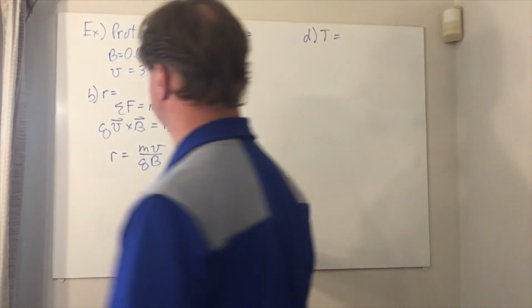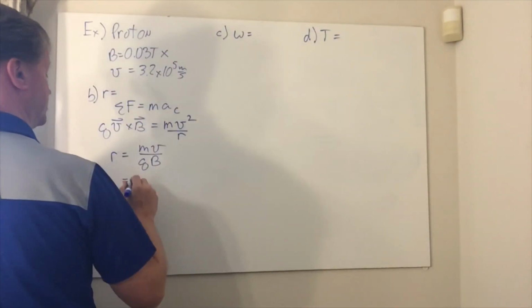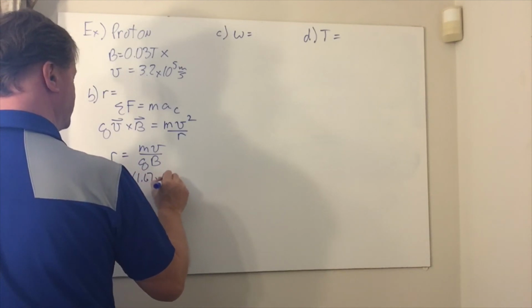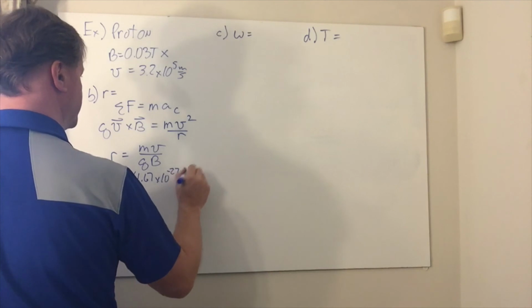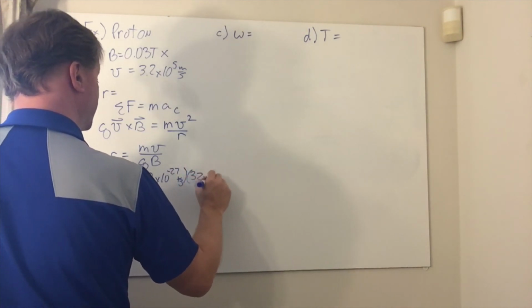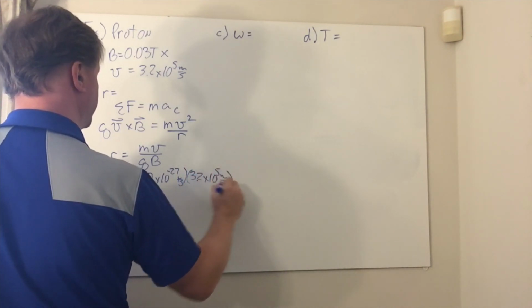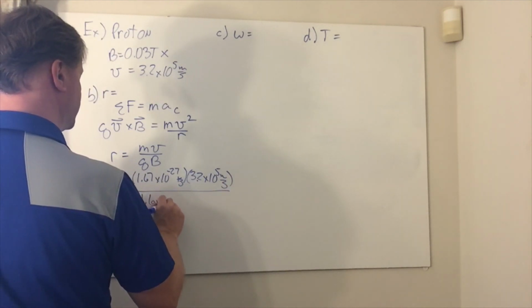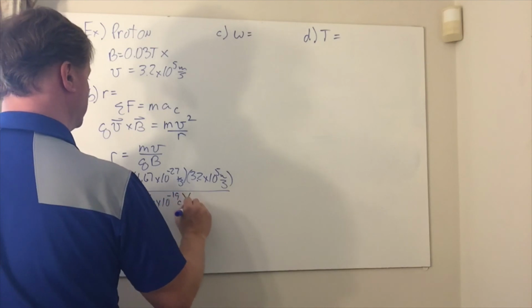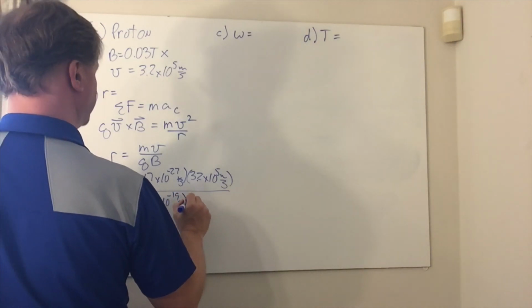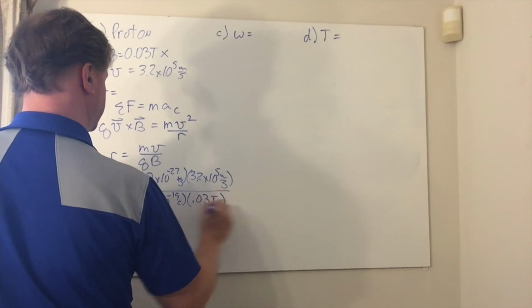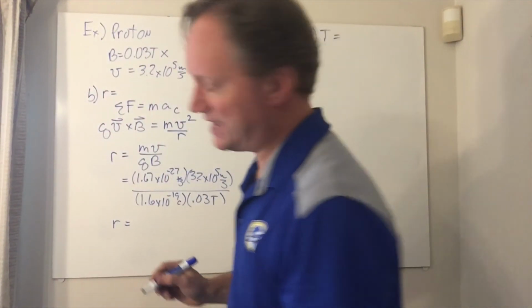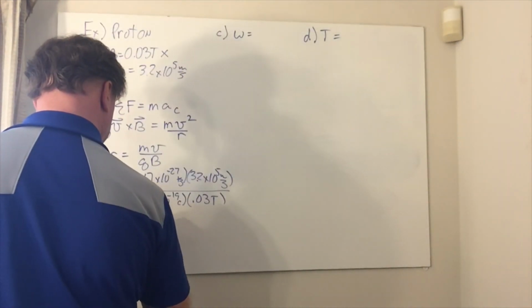So then plugging values in here, this is a proton, so you have from your constant sheet the mass, 1.67 times 10 to the negative 27th kilograms. The velocity was given by 3.2 times 10 to the 5th meters per second over Q, charge of a proton 1.6 times 10 to the negative 19th coulombs, and then the field 0.03 Teslas. That's going to give us a radius value of 8.98 meters.